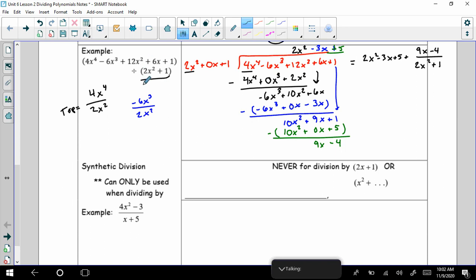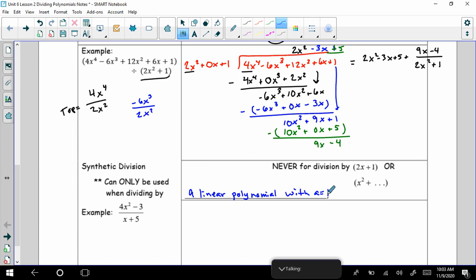And this one in particular, the second example, you would have to do it because there's never division by a 2x plus 1 or an x squared or anything. So when you're dividing using synthetic division, you can only use it when you have a linear polynomial with a equal to 1.